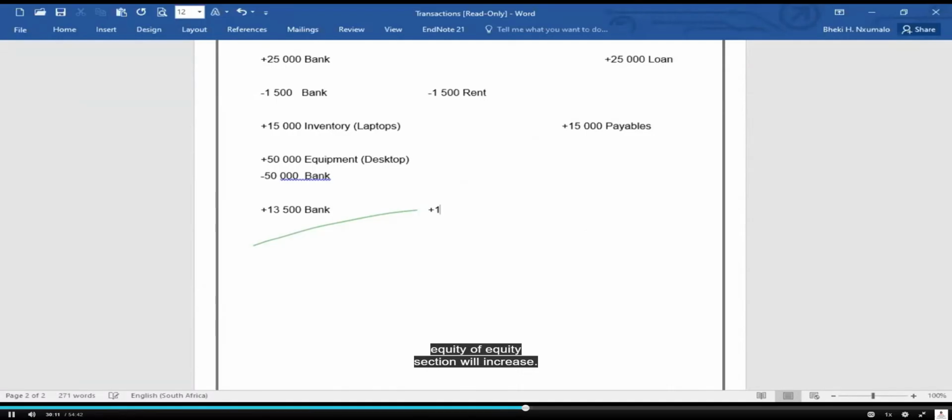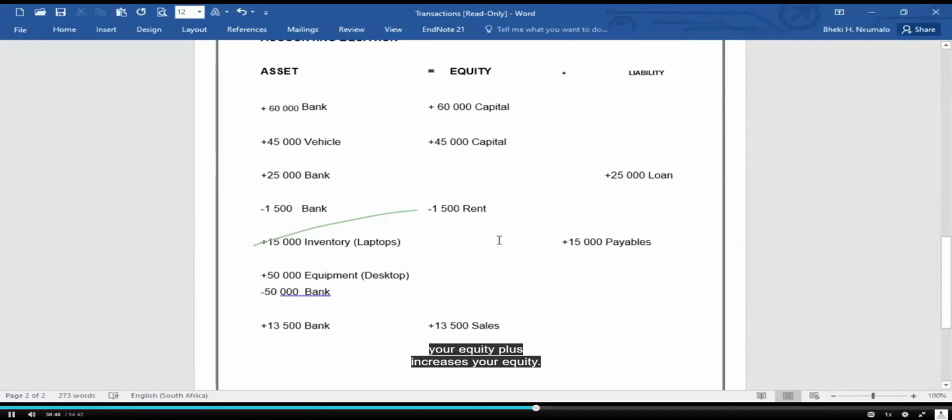But in this transaction, it's only sales, cash sales. If it's cash sales, your asset, which is bank, plus, as well as your equity, there is plus all your sales, it increases your equity.